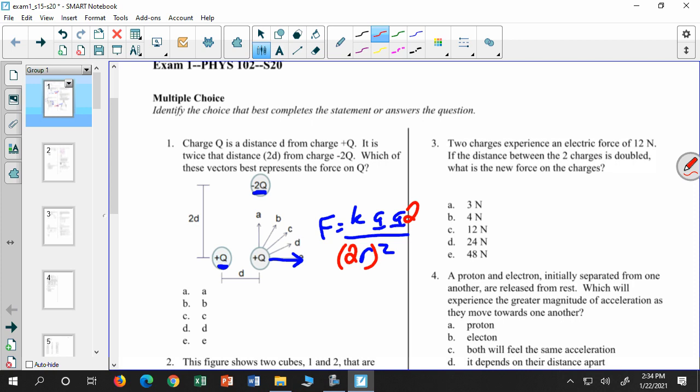I've doubled the charge, and I've doubled the distance for my minus 2Q charge. So my force is going to be 1/2 the original force. You'll see how that worked? Because I have a 2 over 4. And so that means this vector is 1/2 the original size, which means the answer is what? D. Now, you didn't really have to know the exact relative size that is half the force of the other, but on some other questions, that might become important.